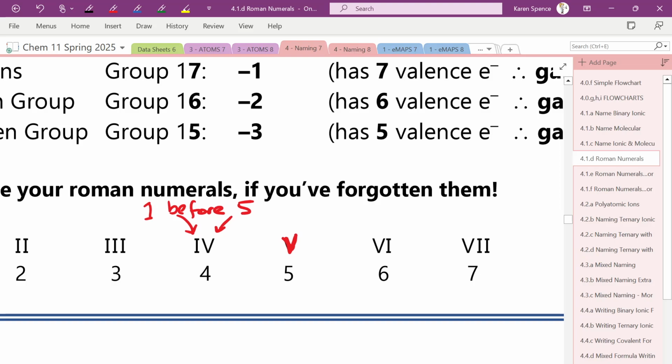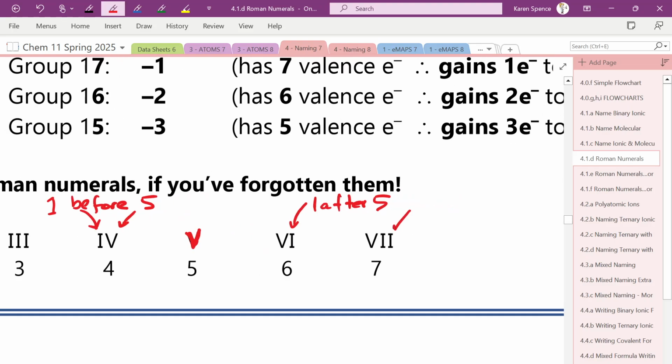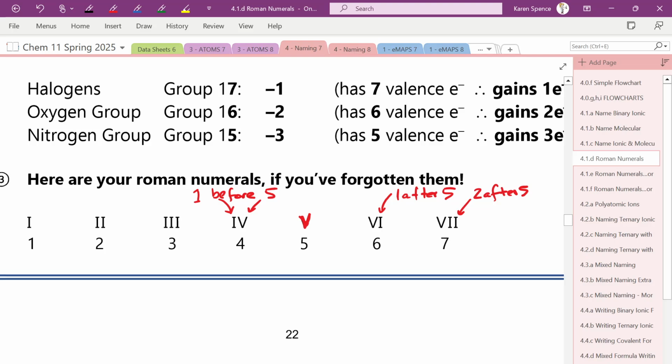What's 6? 6 is 1 after 5. Yes? And 7 is 2 after 5. And 8 is, well, I don't think we're ever going to do 8, so we're not going to worry about it. Okay? If you don't know your Roman numerals, make sure that you have learned them in the next couple of days.